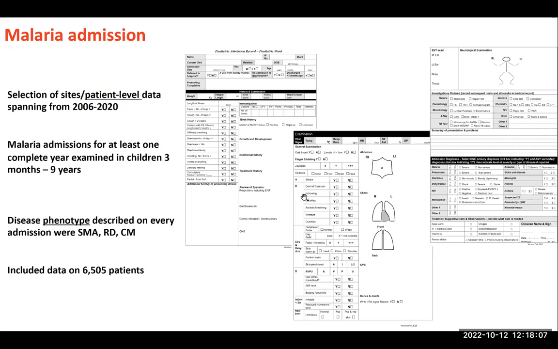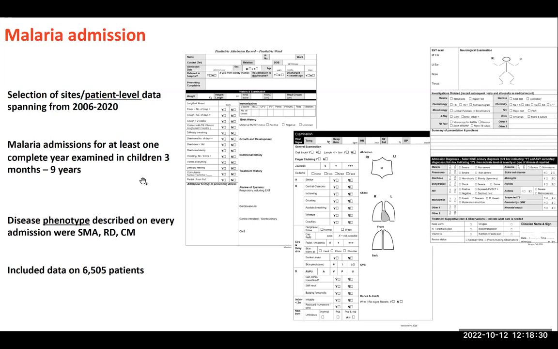And so these, for example, are some of the forms that are used in some of these hospital sites to collect some of these symptoms for severe malaria or malaria signs and symptoms. So malaria admission was assembled for at least one complete year, where greater than 90% of the febrile patients had been examined.